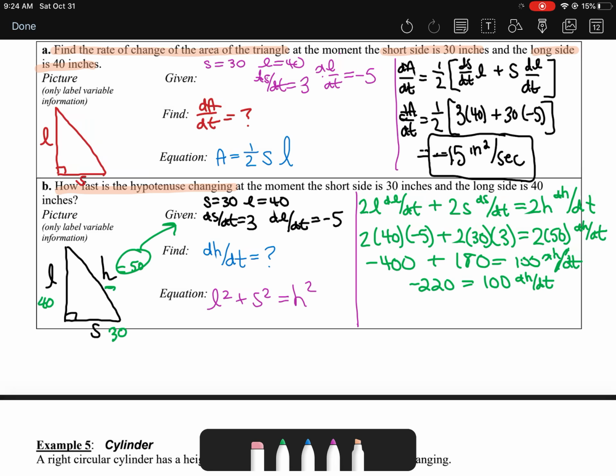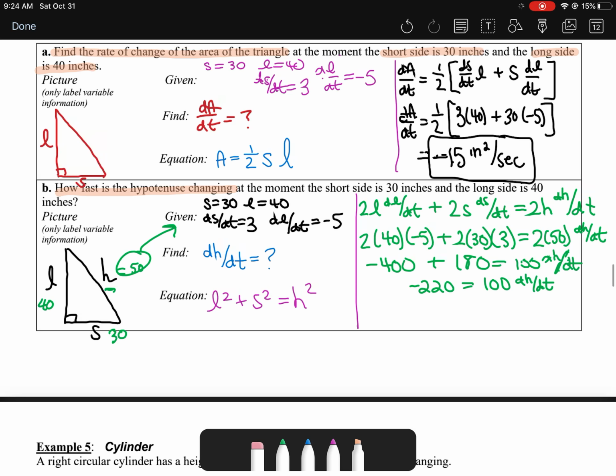Negative 220 over 100. So dH/dt is negative 11/5. If it was an actual AP exam, you just leave it as negative 220 over 100. That's perfectly fine. Now I've got to make sure I'm labeling it.